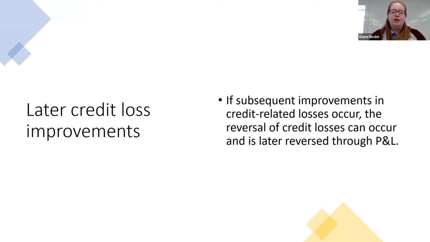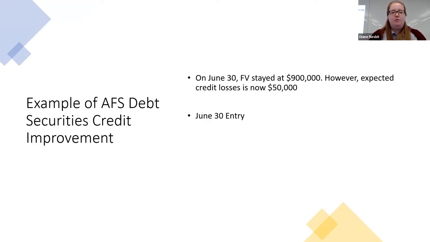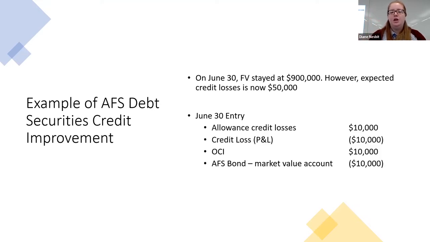You can make that adjustment. For example, on June 30th, the fair value stayed at $900,000, but we reran our discounted cash flow and it came back at $950,000. So now our amount related to credit losses is just the $50,000, and 50 relates to interest.